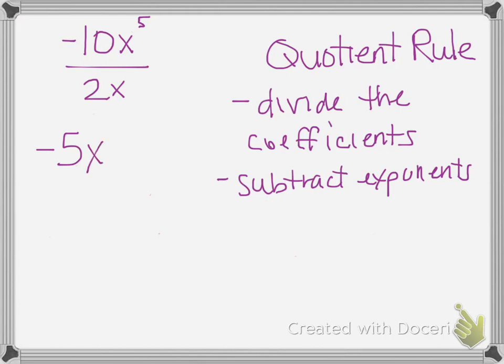We always subtract our exponents starting from the top. So our exponent on top is 5, and our exponent on the bottom is 1, even though there is no number written. So subtracting, we have 5 minus 1, which will give us a final number of 4. So our final answer is negative 5x to the fourth.